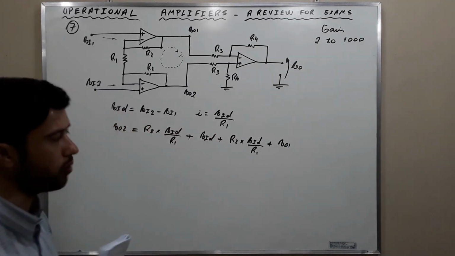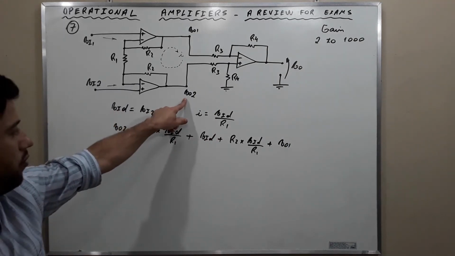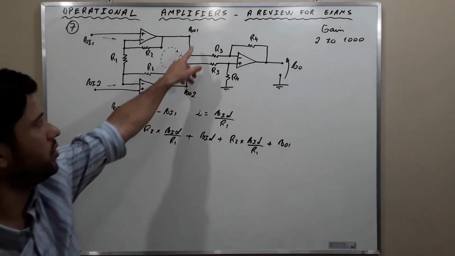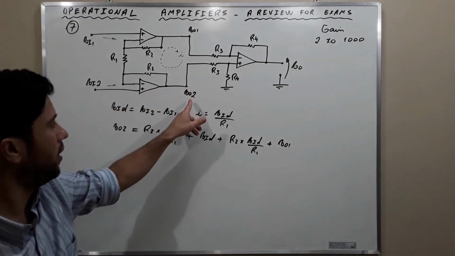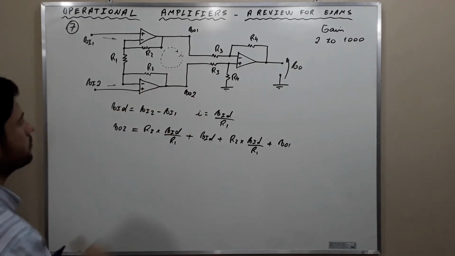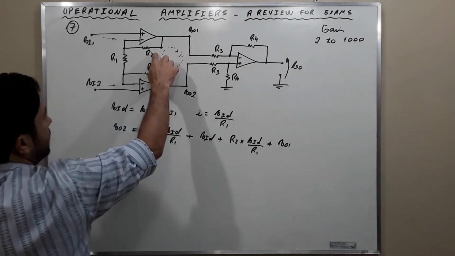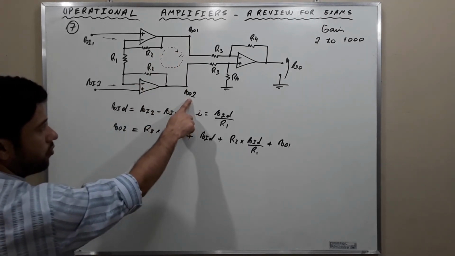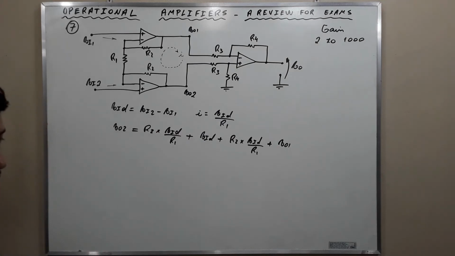We are assuming that this is higher in potential than this, okay? Then this plus this plus this plus this is equal to this, okay?